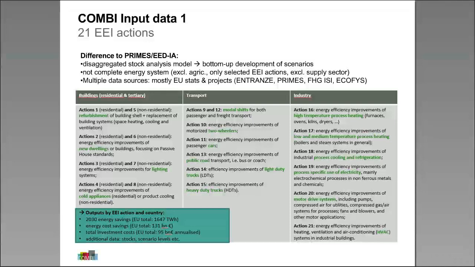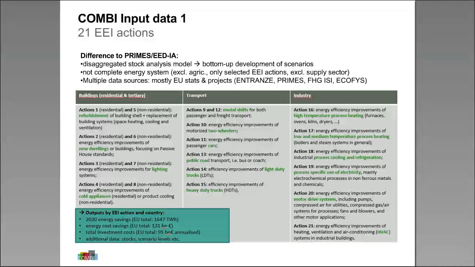We have the macro indicators outputs, but not really all the underlying assumptions and stock model assumptions and so on. So what COMBI did is for all those actions listed here, which I will not go into detail, we applied stock modeling, and with the stock modeling we came up with scenarios that we tried then to streamline also with the PRIMES scenarios.